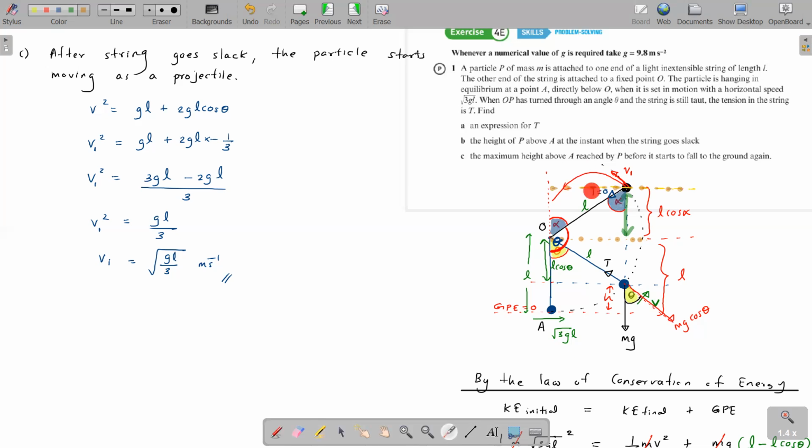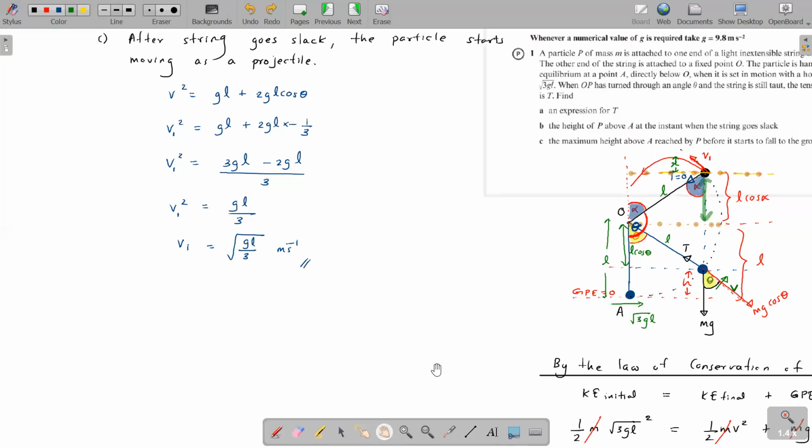So you have to find this height, let me mark it as x, and add it to the previous height. You have to find the small height it achieves while performing the projectile motion and add it to the total height. I hope you guys are getting what I'm saying.